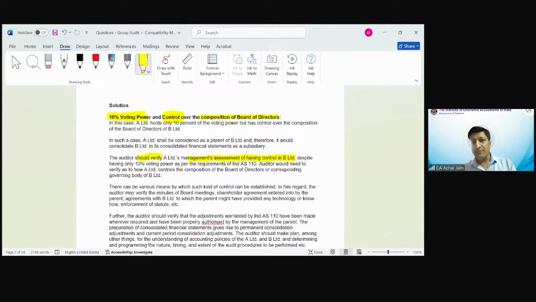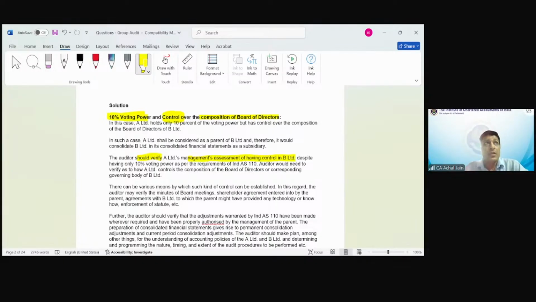One, power over the investee. Second, exposure to variable returns. And third, the ability to use that power to influence the variable returns. All of those criteria will have to be evaluated by the auditor. So that's going to be the most important aspect as far as this audit is concerned.